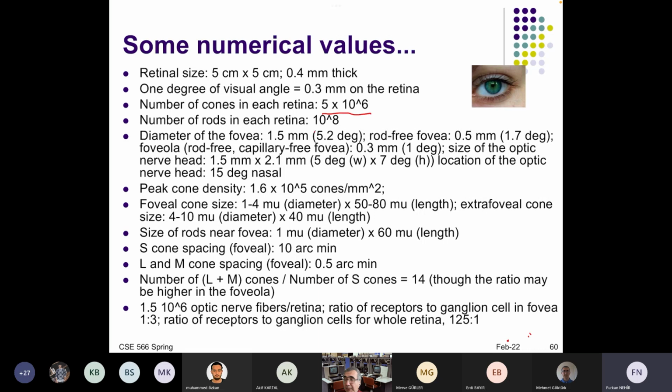5 million cones and 100 million rods. Peak cone density, this is important, 0.16 million per millimeter square. So it's the back.